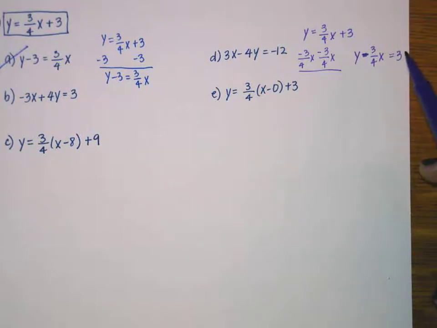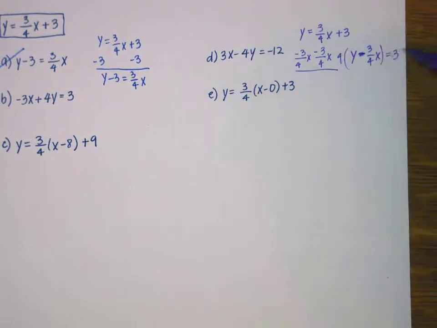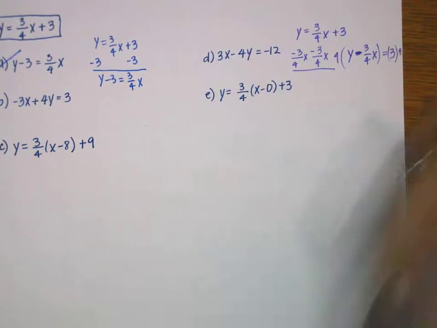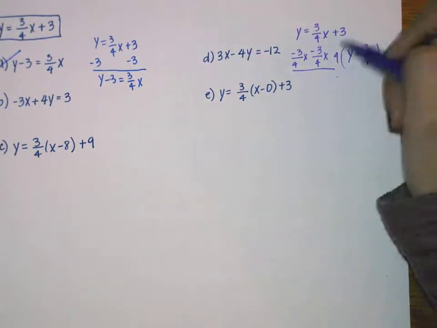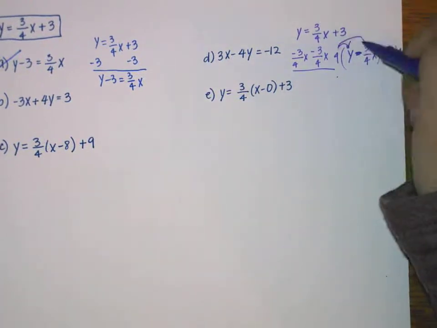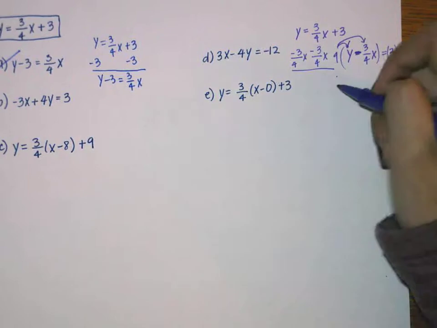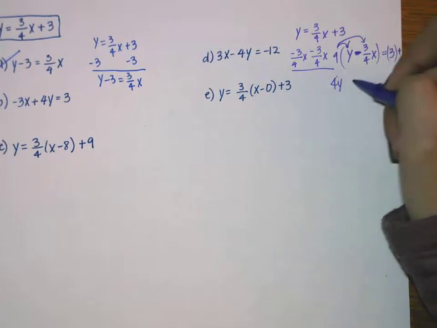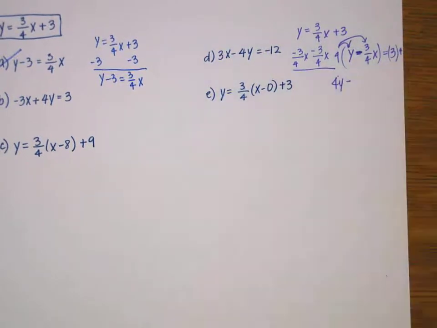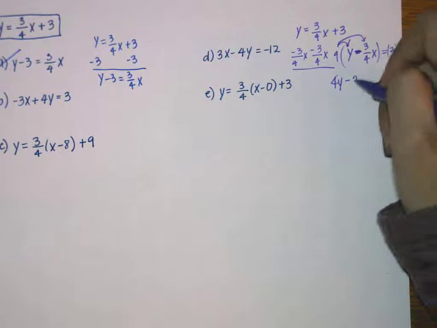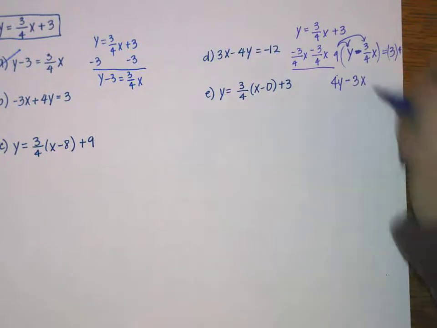Doing this, and make sure you distribute the 4 to everything on both sides, you get 4y minus 3 over 4 times 4 is 3x equals 12.